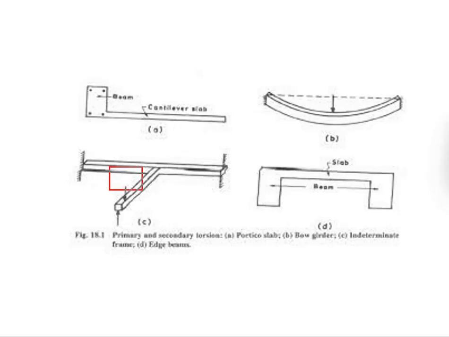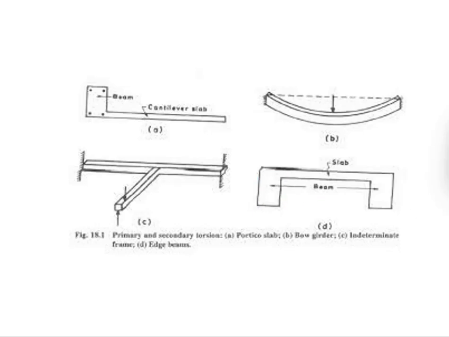Or if you have a cantilever here, torsion can happen. Or something like this: due to the loading from the slab and the deformations of the slab, especially when the span between the beams is relatively large, and when the loadings are relatively large also, torsion can also happen.